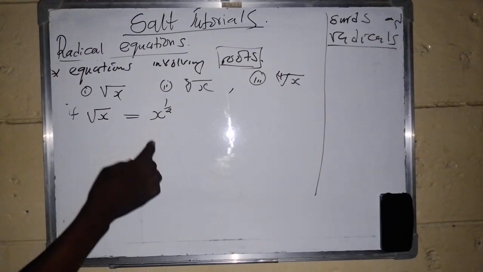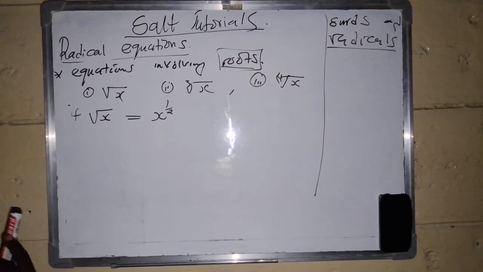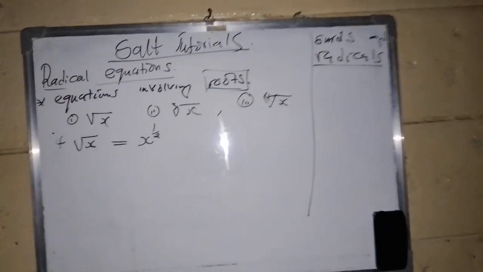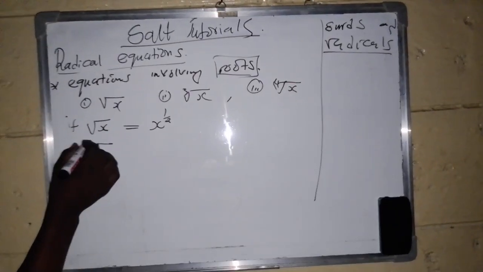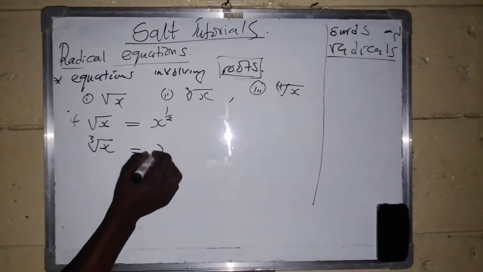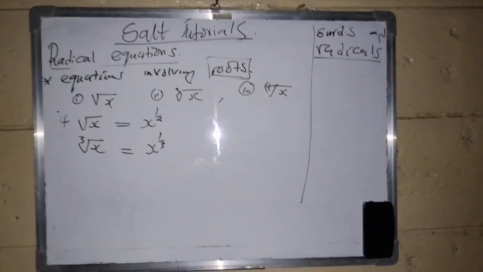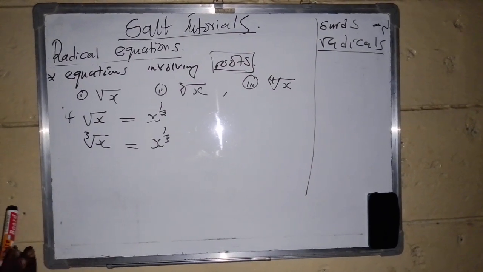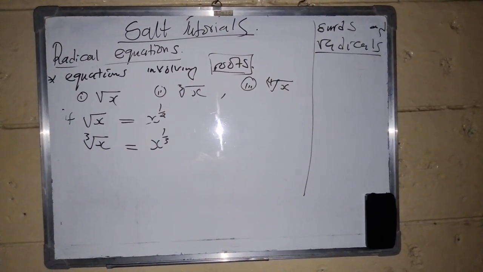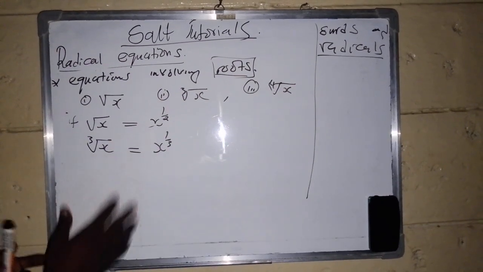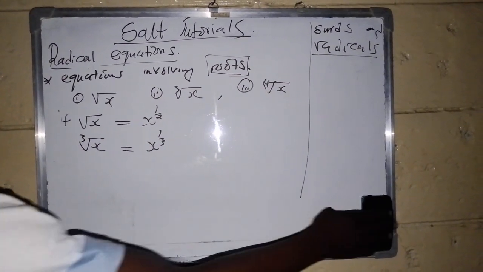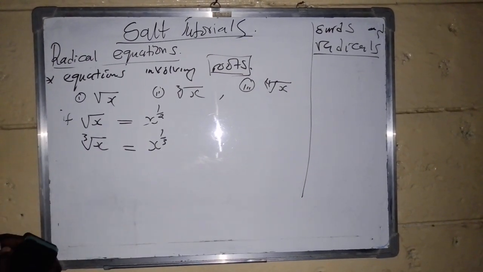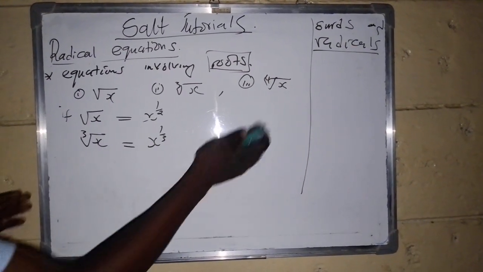All this can be understood when you know the rules of indices as well as some of the rules of radicals. The same happens if I write the cube root of x. This is the same as saying x power 1 over 3. So when I simply say x power 1 over 3, I am talking about the cube root of x. All these are radical equations. Any equation which involves roots is a radical equation.